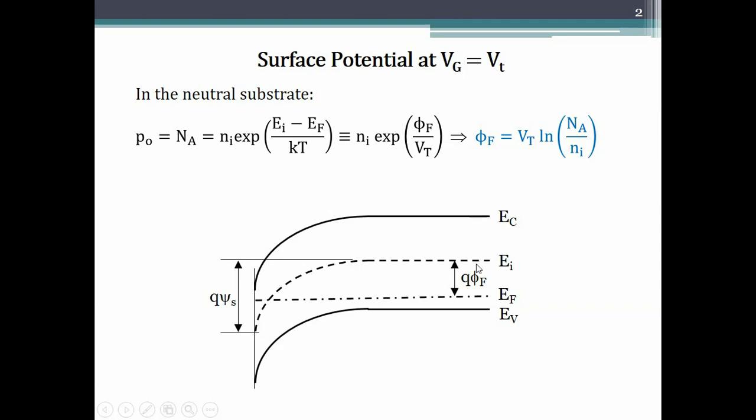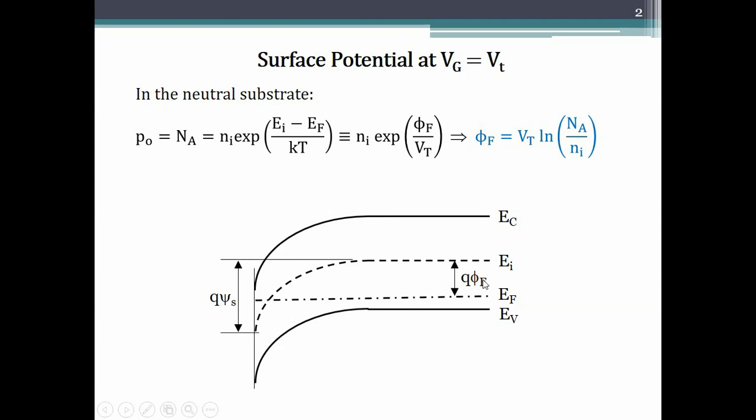Deep in the substrate here, the hole density, which is P0, the equilibrium hole density, is equal to the acceptor ion density Na, and it can be written as Ni e raised to (Ei minus Ef) over kT, which can also be written as Ni e raised to phi f by Vt, where q phi f is simply Ei minus Ef.